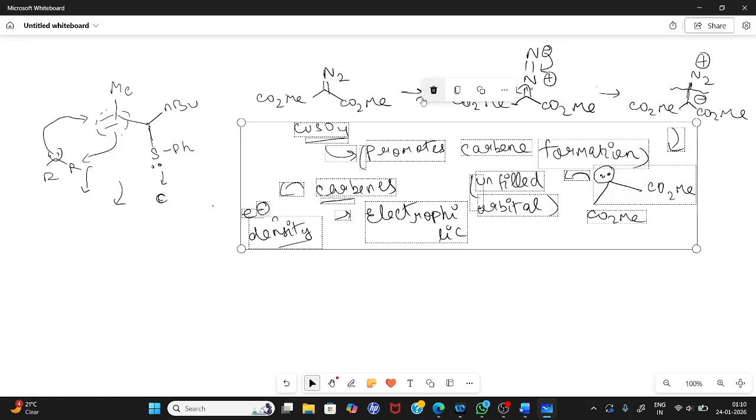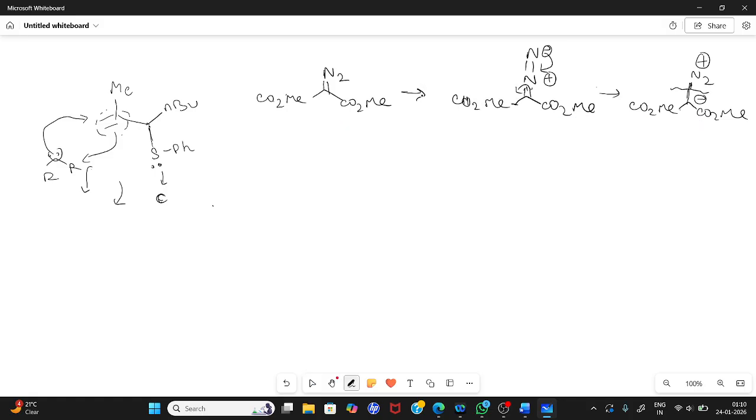Okay, so if you are having this kind of a substrate, you are having this lone pair of sulfur, and now you are having the carbene.